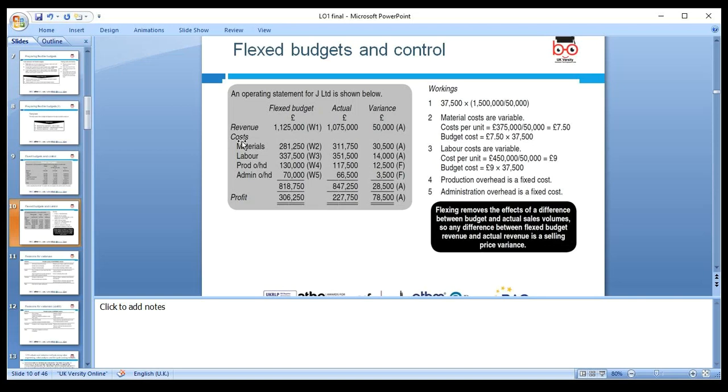If you look at 1,075,000 divided by 37,500, I'm selling at £28.67 per unit instead of £30 per unit. That's the reason my revenue is lower, because I dropped the price. You getting me where I'm coming from? Yes.